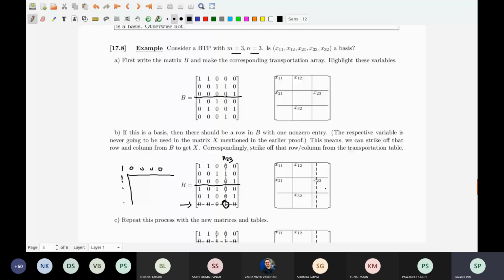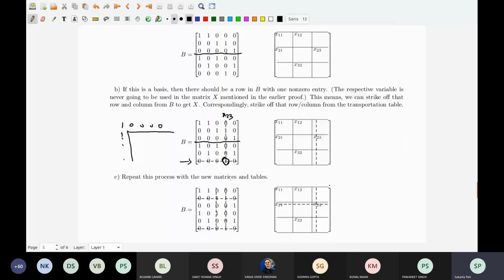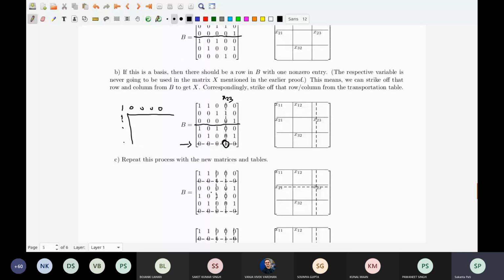After striking that off, what have you found? Now check, so what we did in the proof. We again tried to find one more row which had only one non-zero entry. So for example, this had 2, this had 2, this one had 1, and this one also had 1. Okay, so I have selected the second one.